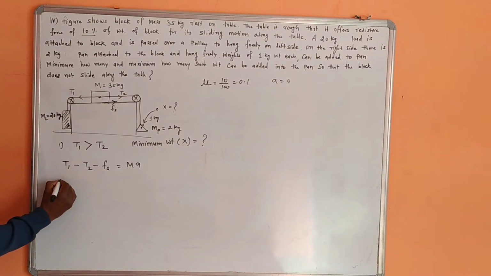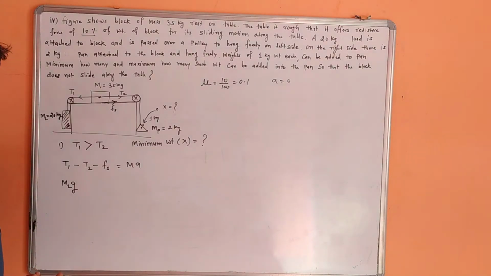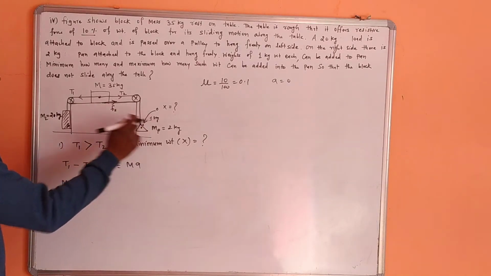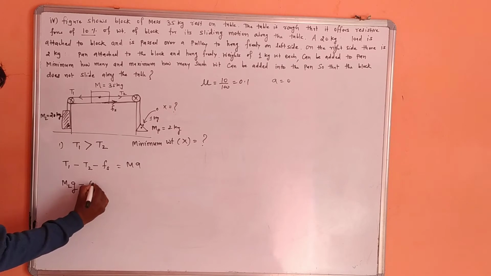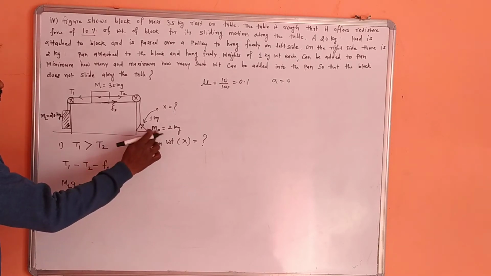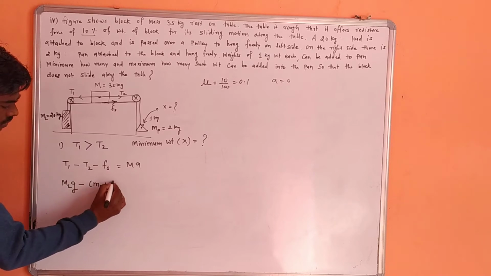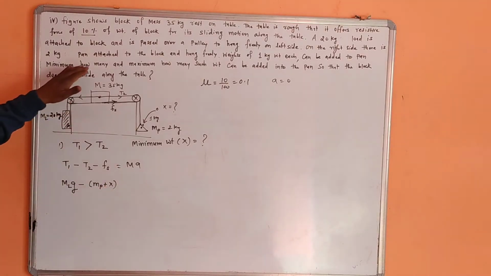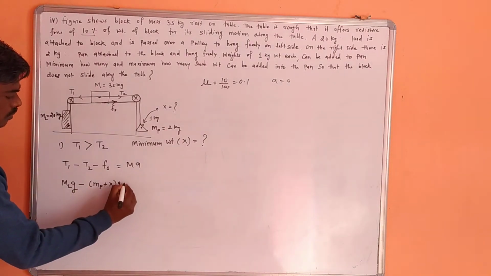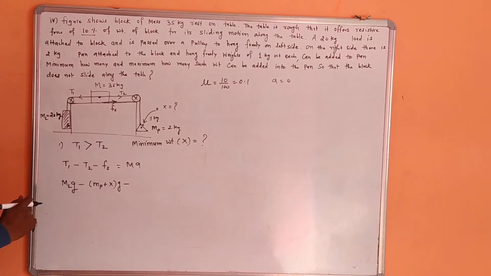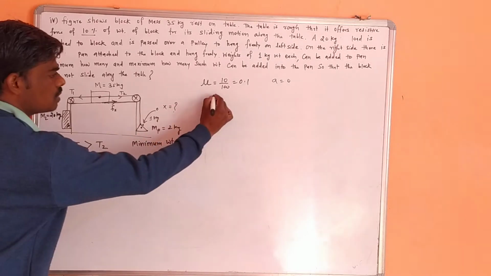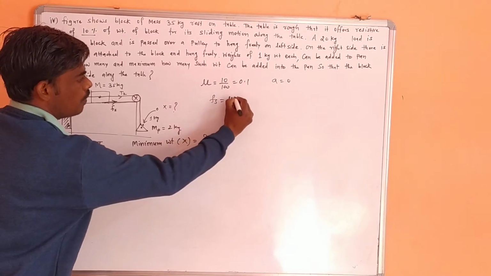T1 is nothing but m_l g, m_l into g, minus T2, which is nothing but the mass of pan plus x, that is how many minimum weights we are adding in the pan, x, into g, minus the frictional force. Fs is nothing but mu mg.